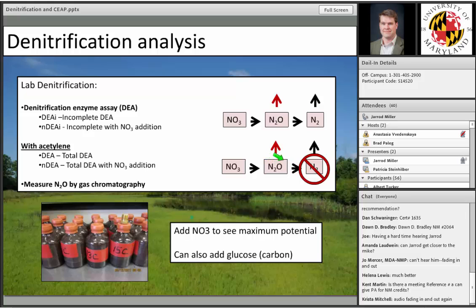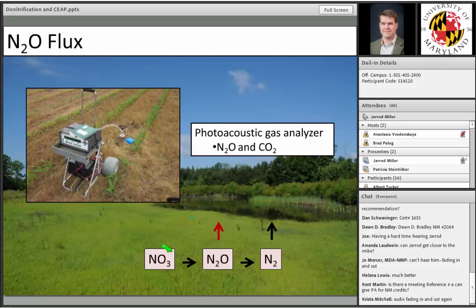You can add glucose, but we didn't in these experiments. My former boss had found that in riparian buffers, glucose didn't affect soils there. We also used the photoacoustic gas analyzer. It can actually measure 6 gases at once, so we actually could get N2O and CO2, so there's your microbial respiration.